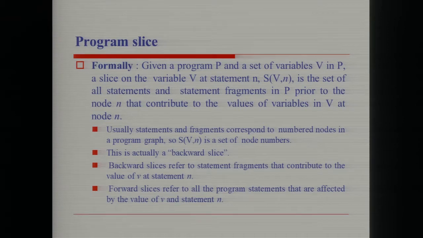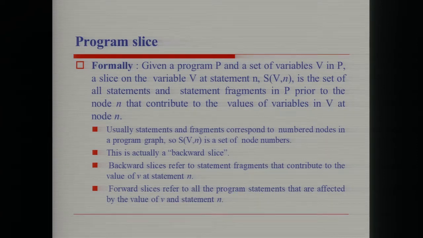Up to that point where a variable has taken a particular value, whatever statements have affected or contributed to the change of the values of that variable are part of the slice. This is called backward slicing.